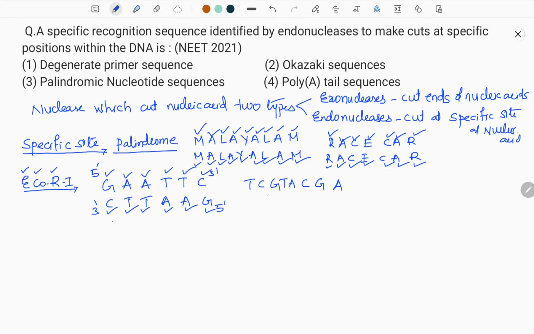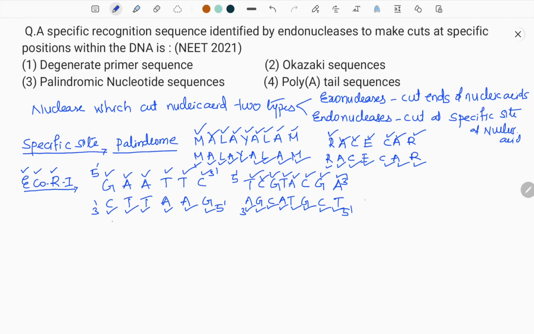Now let's take the palindrome on the other strand, that is T, C, G, T, A, C, G, A. It is 5 to 3. This is 3 to 5. Now let's check whether it is the same or not. This is one palindrome.